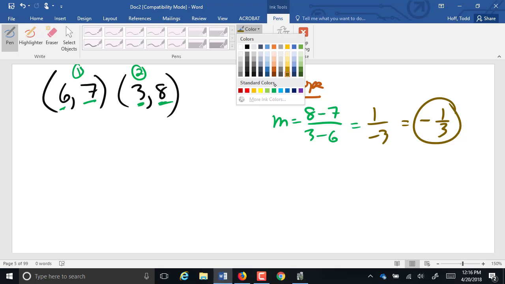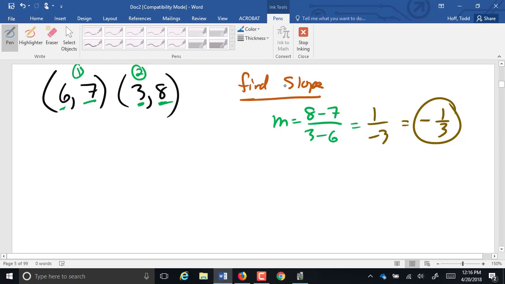I have actually 3 options here. The first 2 options would involve that point slope form. I could use point 1 and that slope, say y minus 7, since 7 is the y coordinate, equals negative 1/3 times x minus 6.